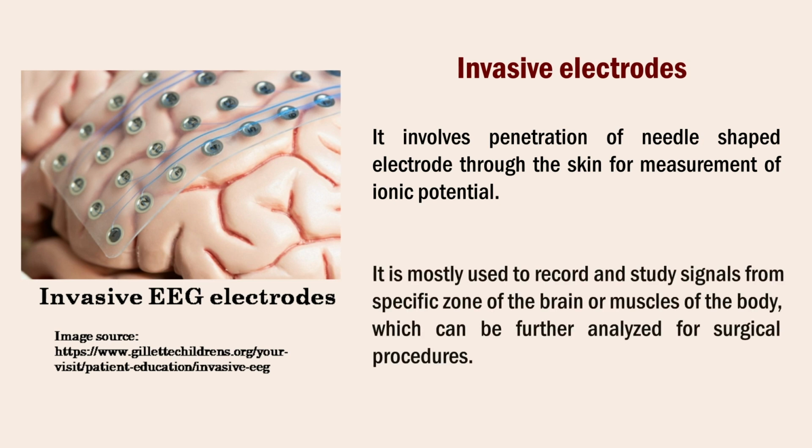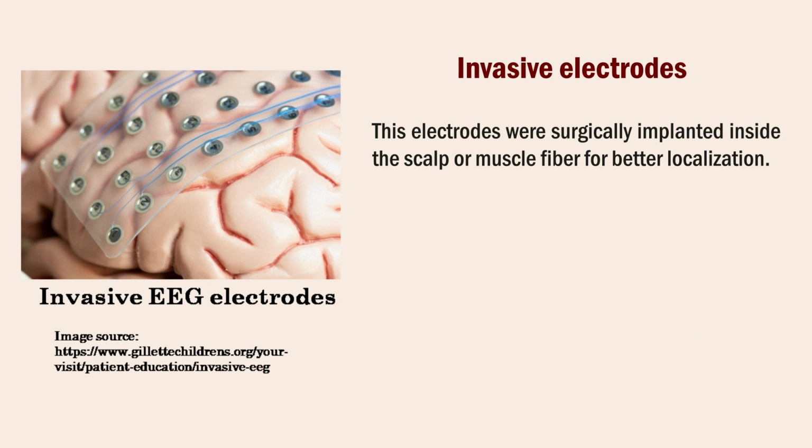They are mostly used to record and study signals from a specific zone of the brain, like the electroencephalogram EEG signal, or muscles, like EMG, that is electromyogram, which can be further analyzed for surgical procedures. These electrodes are surgically implanted inside the scalp or muscle fiber for better localization.